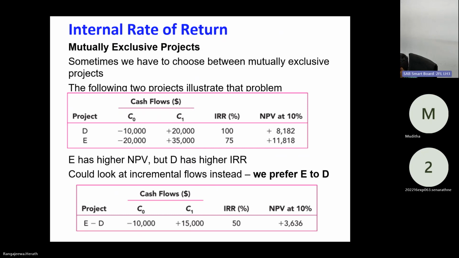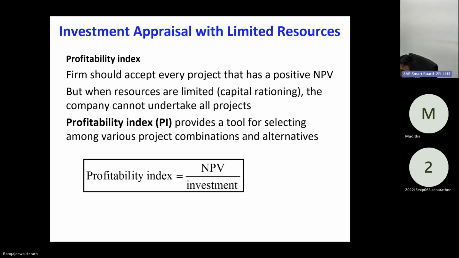When you are evaluating two projects with different initial investment, initial cash outflow, we use this simple formula, profitability index. NPV divided by initial investment. So relative to the investment, how much NPV?